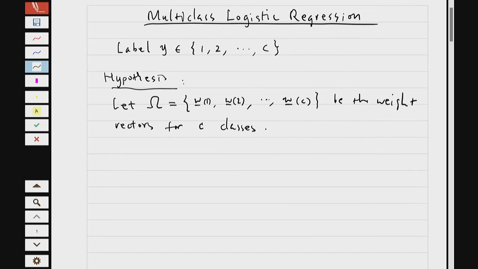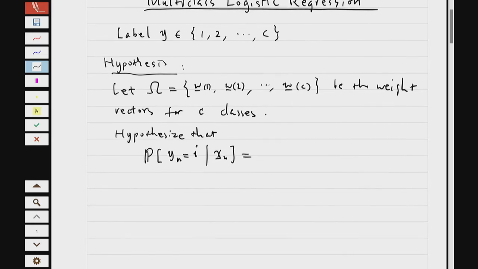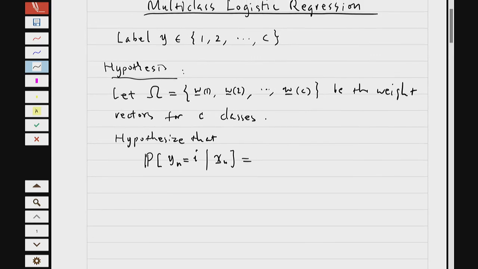Now we have to do logistic regression, so we hypothesize the probability of an x being in a particular class. We hypothesize that the probability that the label yn is i, given the input vector xn, is the following: e raised to the power of wi transpose times xn.